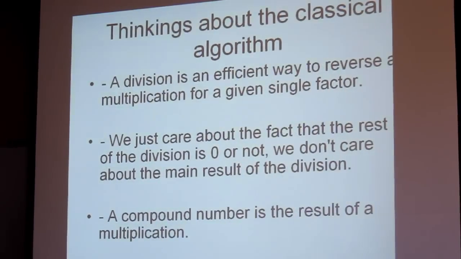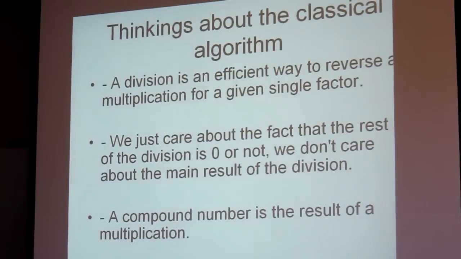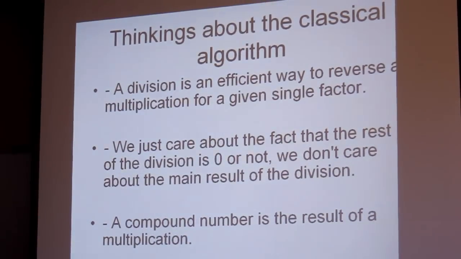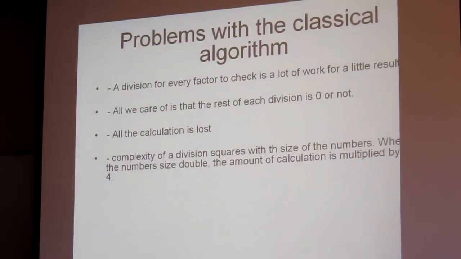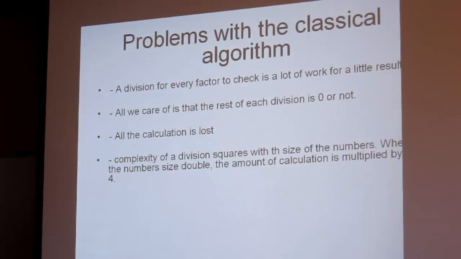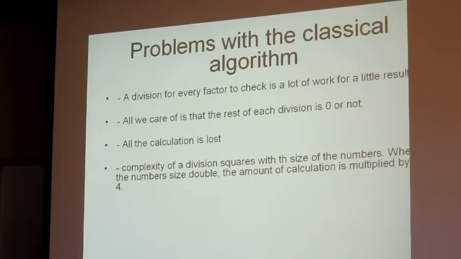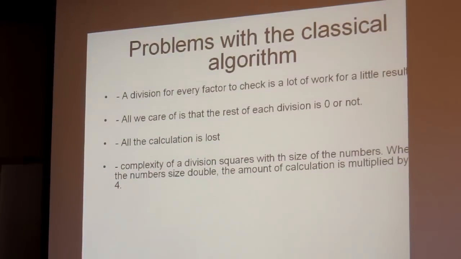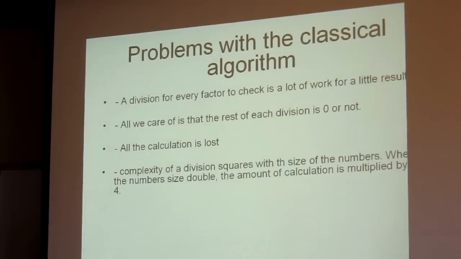And one thing is that a compound number is the result of a multiplication. So a division for every factor to check is a lot of work for a little result.